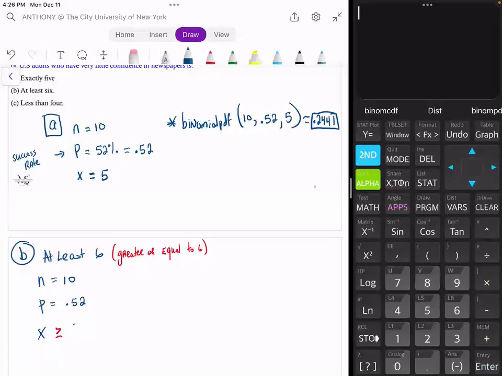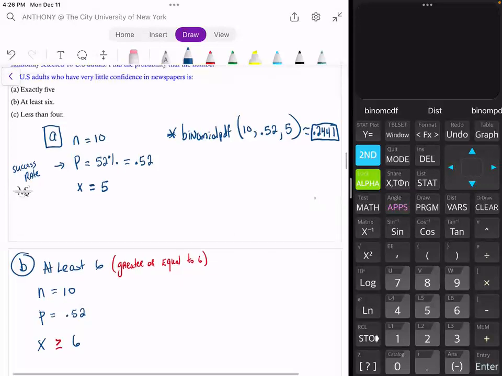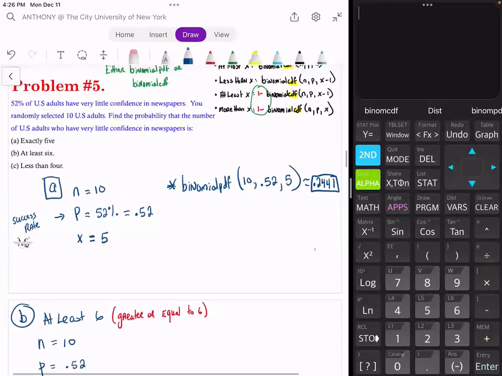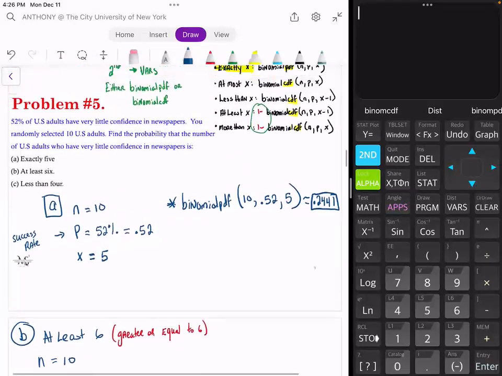Okay. So for us, we have to use now not a PDF, but a CDF. And the way that the CDF works is that for at least X, we do 1 minus binomial CDF, NP followed by X minus 1.